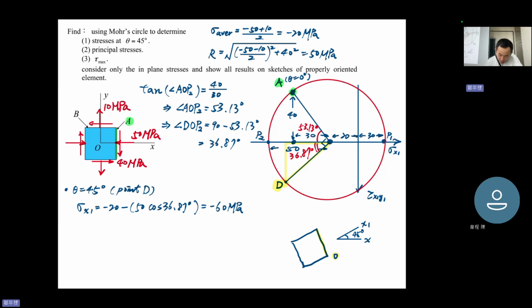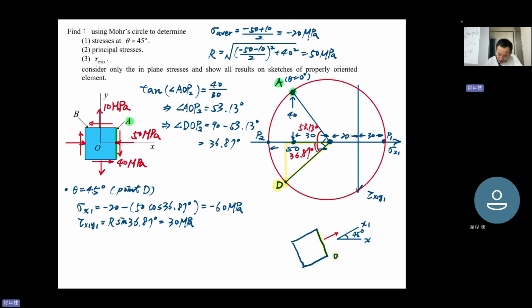And tau x1y1 equal to, easy, right? R sine 36.87 degree, 30 MPa.